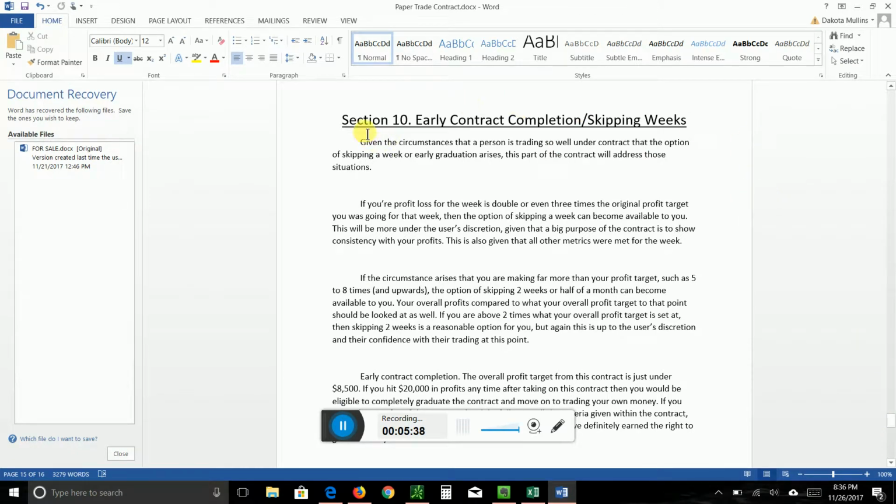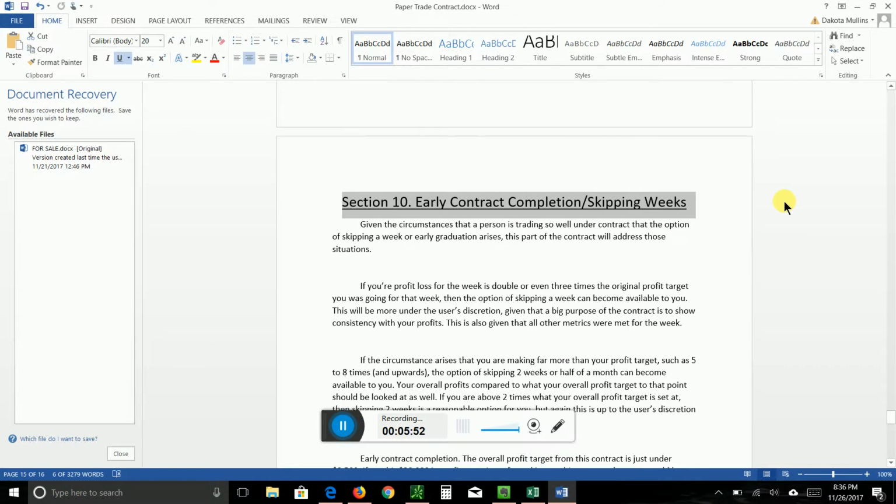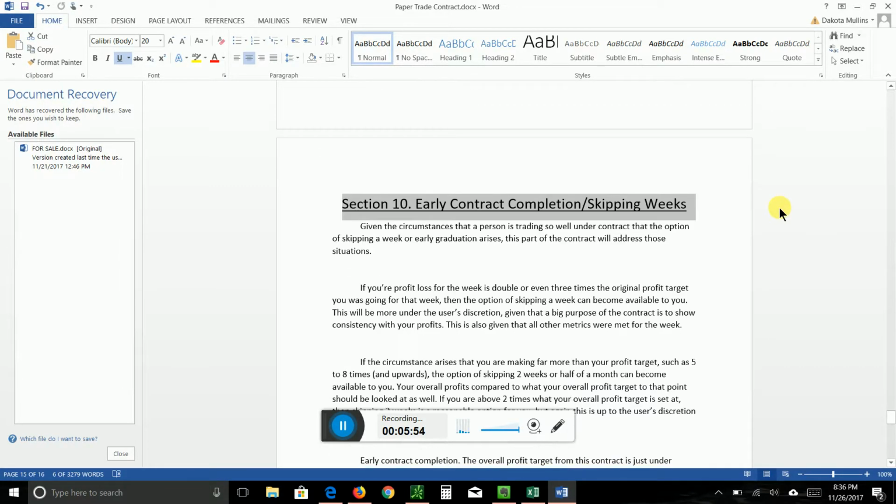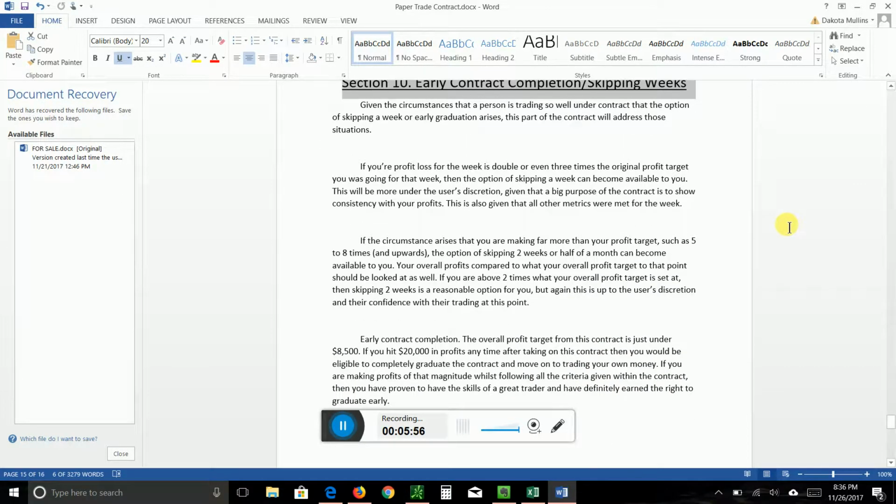I made a section here for early completion and skipping weeks. See, I've already skipped 3 weeks now, I believe.